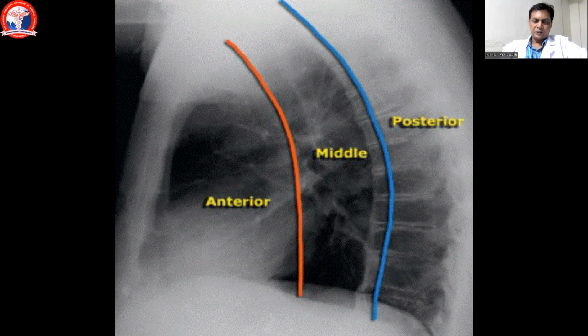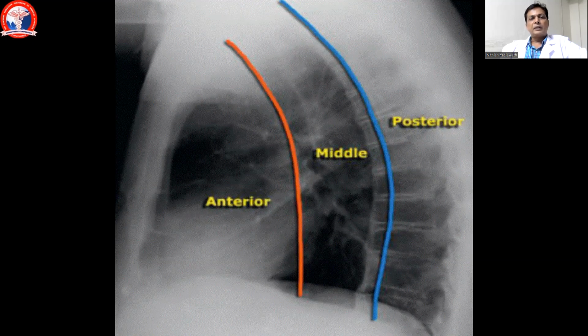The line, which is not an anatomical line but an imaginary line on the lateral radiograph, is drawn 1 centimeter behind the anterior margin of the vertebral column, and that line divides the middle and posterior mediastinum.